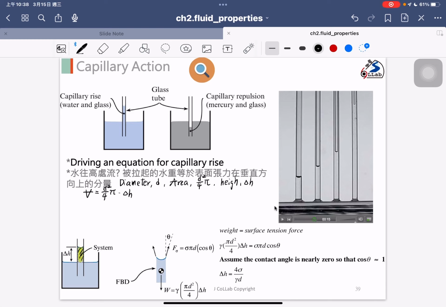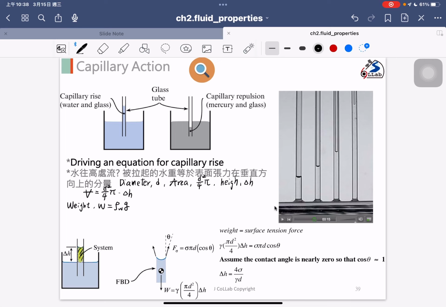After we have the volume of the water, we can compute the weight of the water. So W will equal rho, the water density, multiplied by gravity g. This is the specific weight.